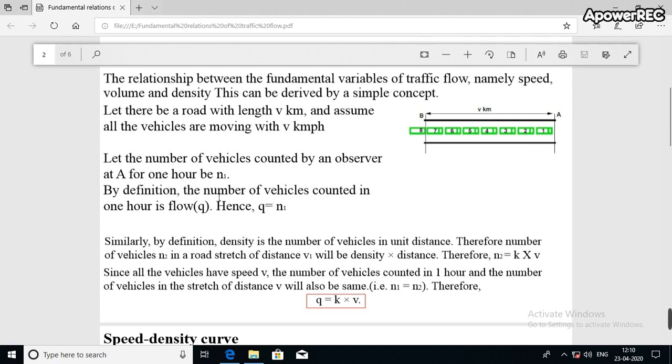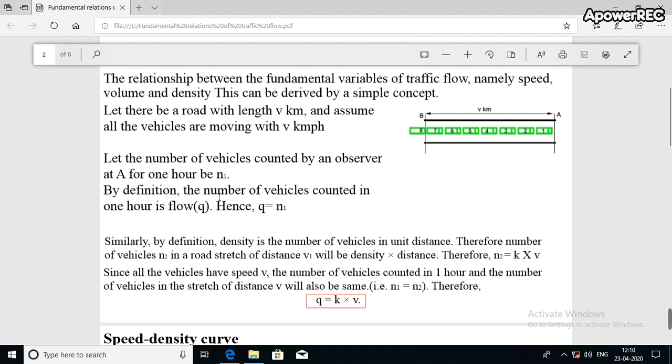Similarly, density is the number of vehicles present in the unit distance. Now, in case of the unit distance, that is v, here it is mentioned as small v. If you multiply the density with the distance, you will get the number of vehicles.